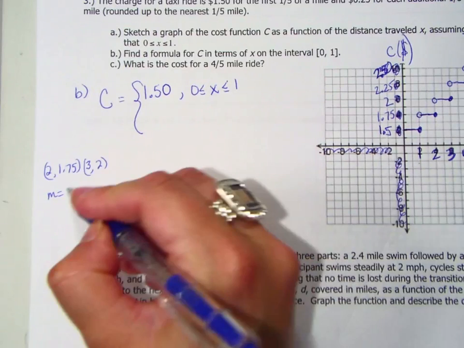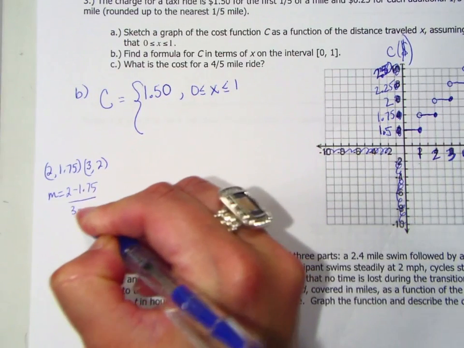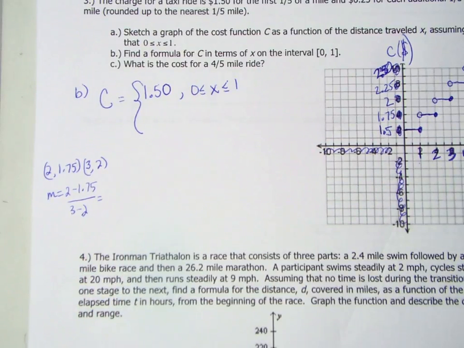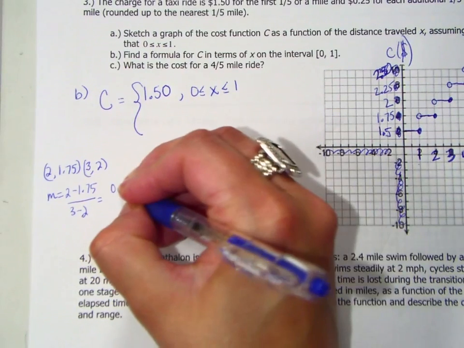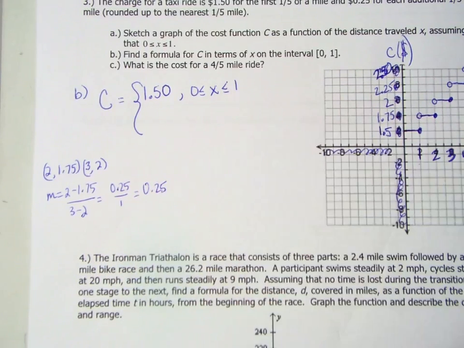So my slope is going to equal 2 minus 1.75 over 3 minus 2. And we're getting the slope is 0.25, which makes sense.